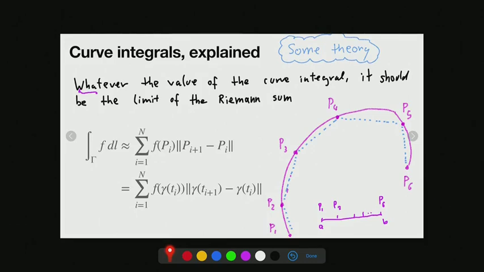Now, the idea of the Riemann sum here is: I take the function at P1, and I say, okay, approximately along the first interval here, the function will be the same as f(P1). Along this interval, the function will be the same as f(P2). Along this interval, it will be the same as f(P3), and so on.